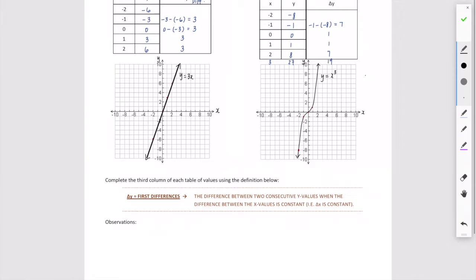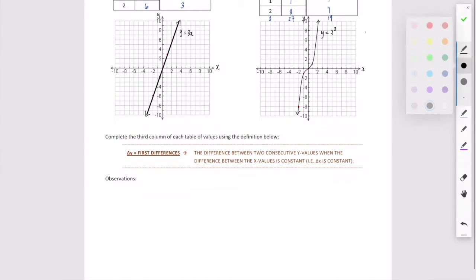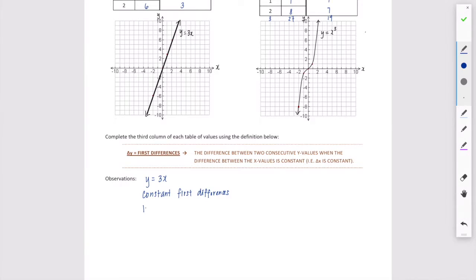We notice that in the first relation, y equals 3x, it has constant first differences. And when this is the case, we notice that the graph is a straight line, and this is a linear relation.